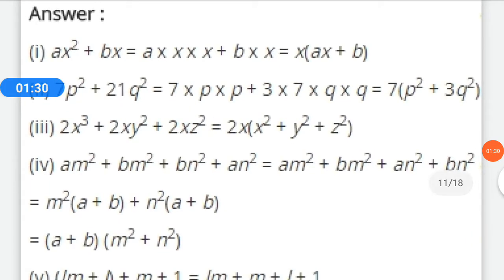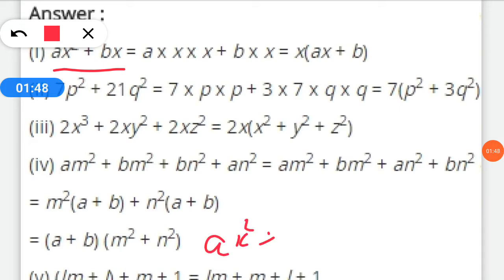Now look how to do the factorization of these questions. We are having the first question, factorize ax square plus bx. Can we take x as a common in this expression?